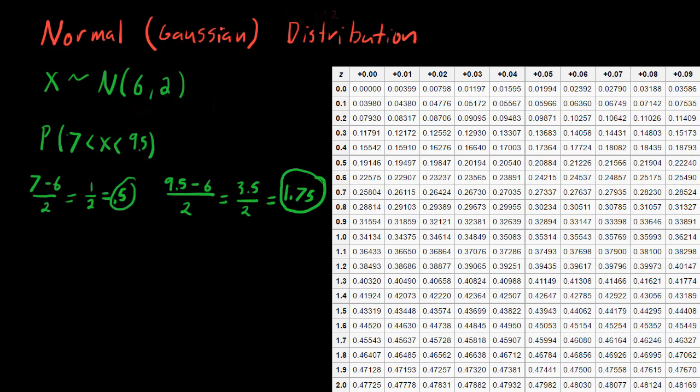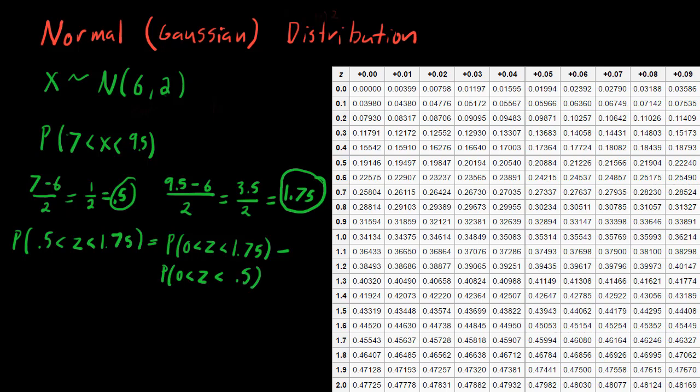So we'll find our probability that 0.5 is less than z is less than 1.75, which is the same as our original probability question, and that's equal to the probability that 0 less than z less than 1.75 minus the probability that 0 is less than z is less than 0.5.